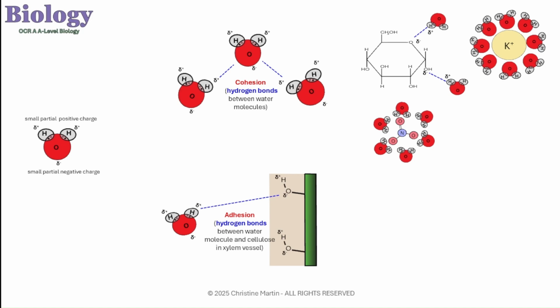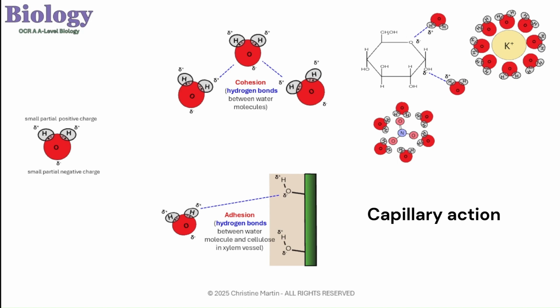Now, these adhesive interactions combined with cohesion allow water to climb narrow tubes against gravity. That is a process known as capillary action, and it plays a vital role in transporting water in plants.